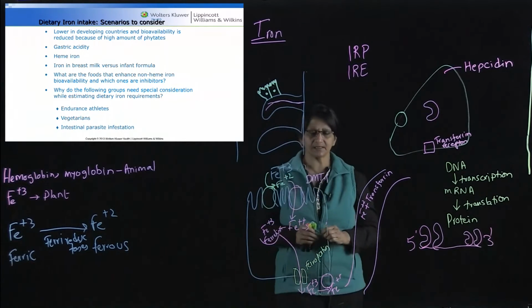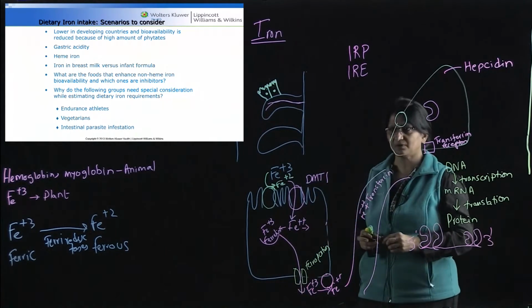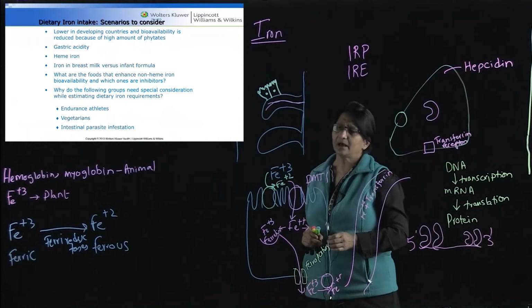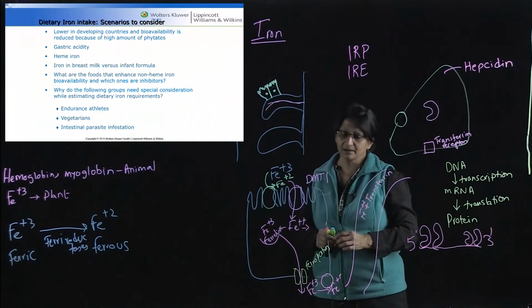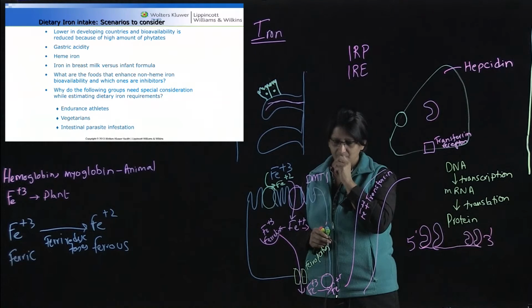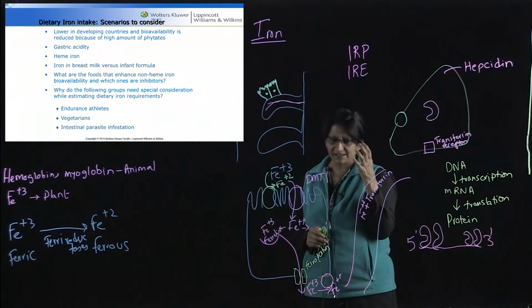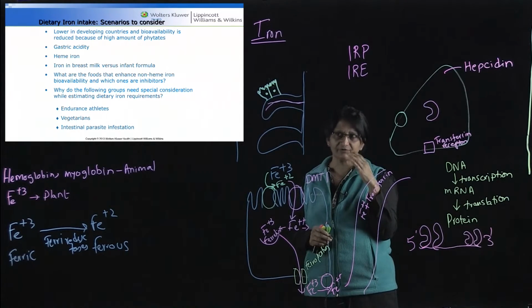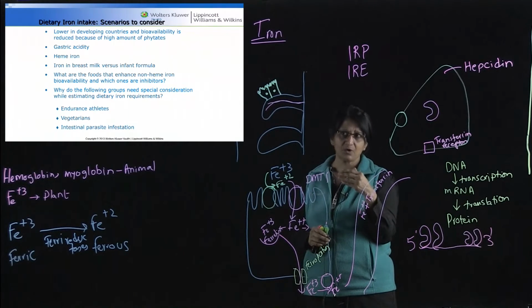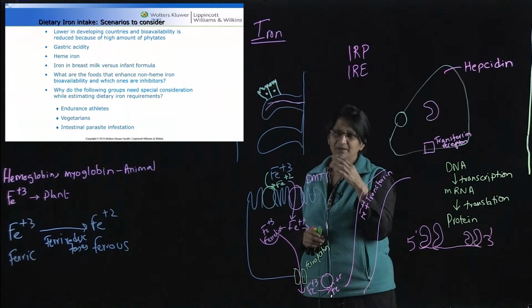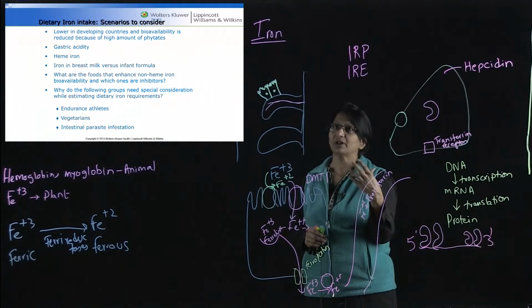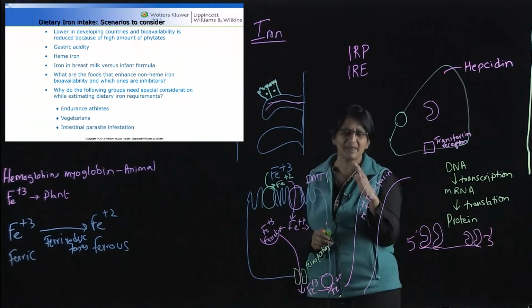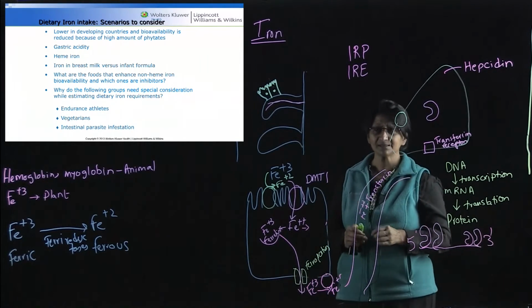Breast milk is a very poor source of iron in general. However, when a baby is born, the baby actually has a certain amount of iron storage with which it is born. So it's okay for the baby. Those stored iron levels last for about maybe 3 to 6 months at the most.